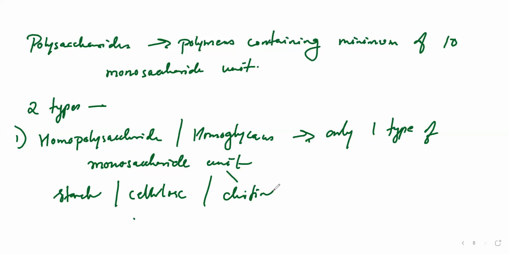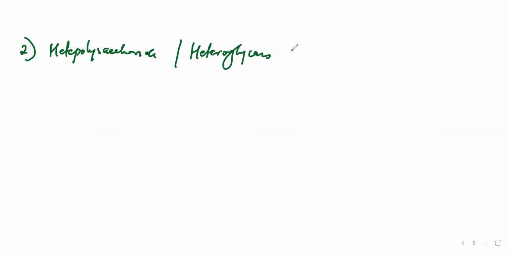Then the second type, which is the heteropolysaccharide, also called heteroglycans. Here, instead of a similar kind of monosaccharide unit, you will have at least two types of monosaccharide units. At least, so there can be many also.